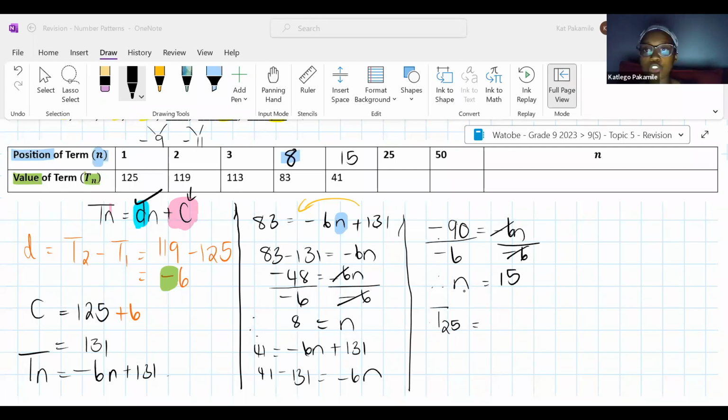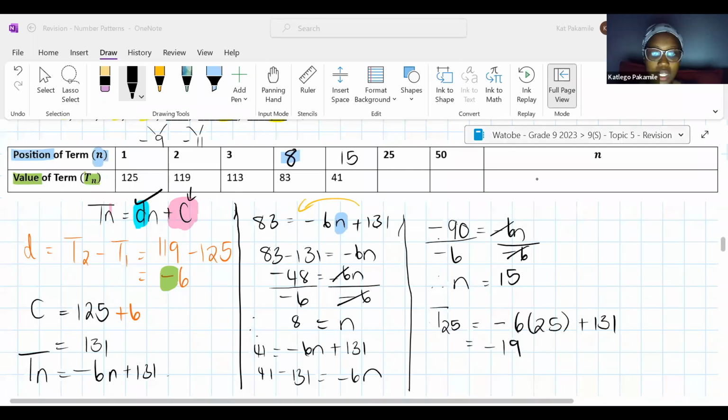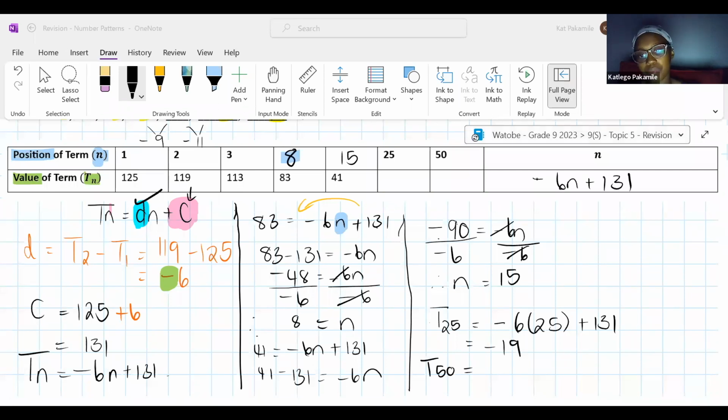Did you do 50? Yes, ma'am. You want to do it with me quickly? T50 equals negative 6 times 50 plus 131.